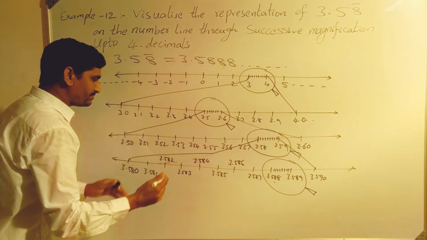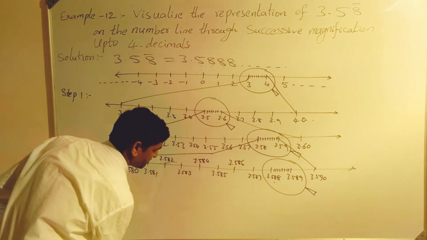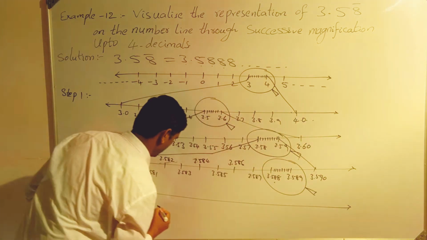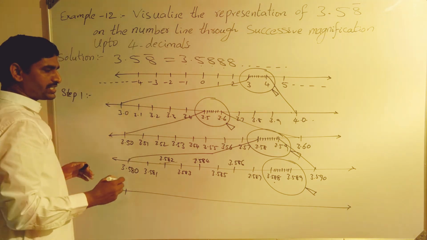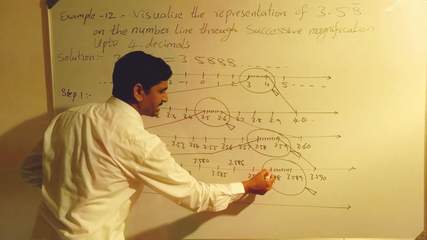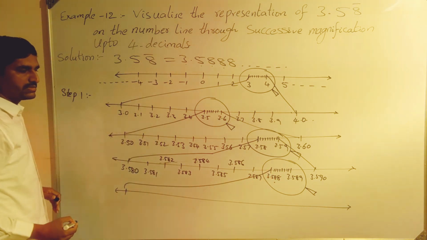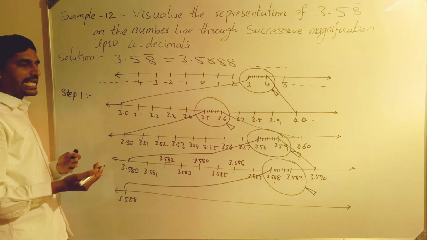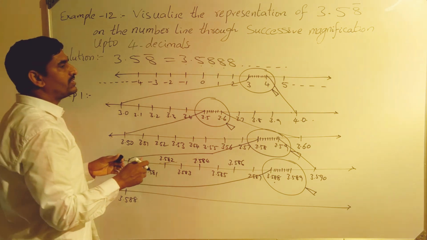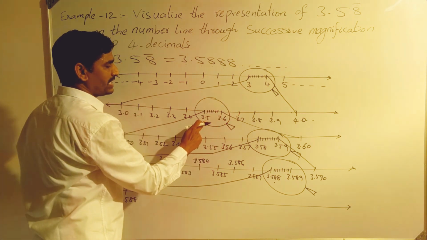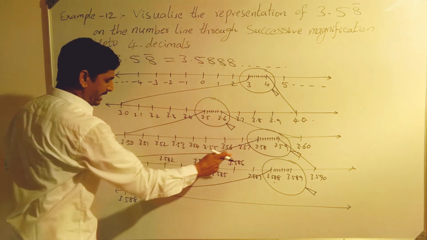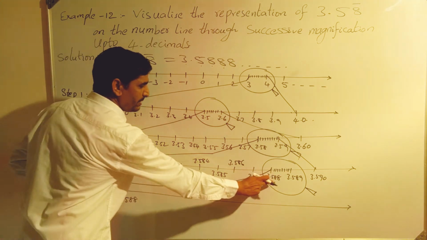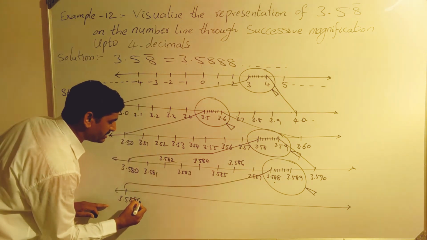Now it starts from 3.588. 3.588 is taken with one more zero, so 3.5, 3.50, 3.58, 3.580.